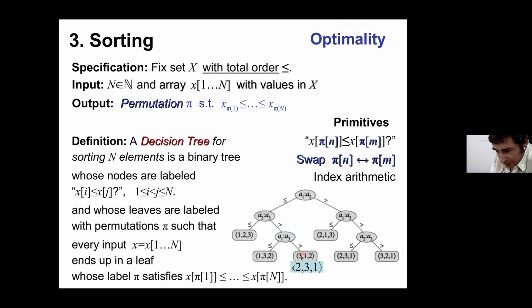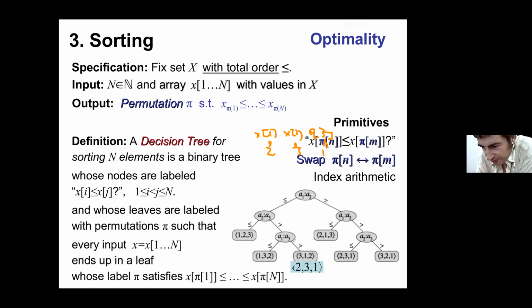What this permutation now says is that it is exactly the inverse permutation of this 2, 3, 1. Let me draw this: x1, x2, x3. This is 2, 3, 1.